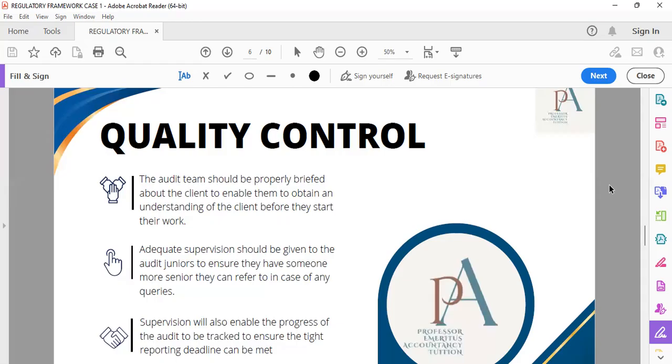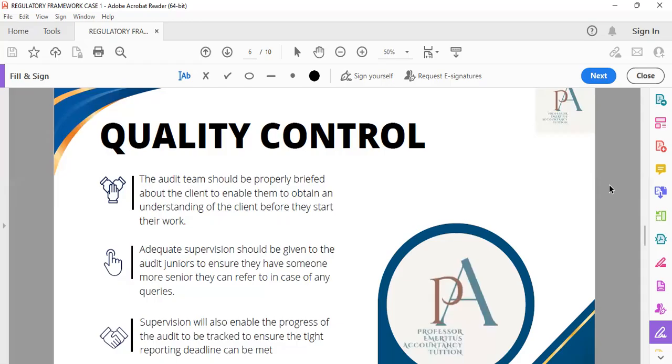If it is a continuing client, they need to know if there have been changes to the business model of the client for the past year that they have not visited. And if they are new members of the team, they need to be appropriately briefed on the nature of the business, the kind of risk associated with the kind of business that they are going to go and audit. That is one quality control they should apply.